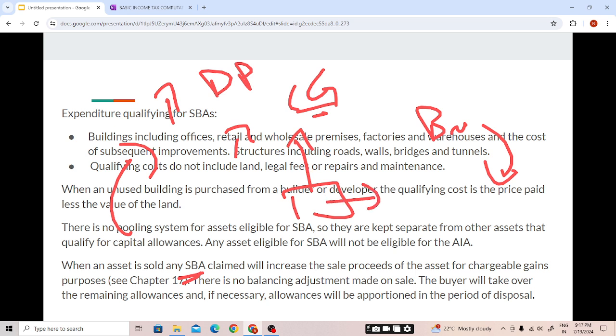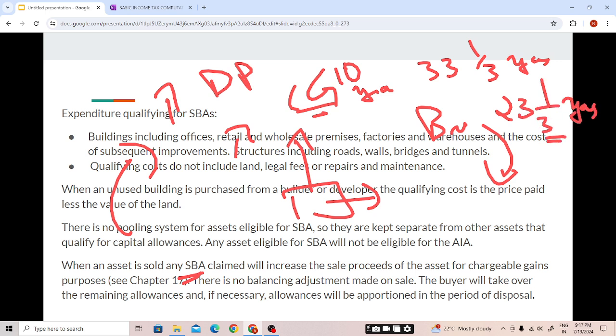And for the remaining period only, as we can claim for 33 1/3 years, if the seller has already calculated for 10 years, then the buyer can only calculate for 23 1/3 years the structure and building allowance. I hope this is clear, students.